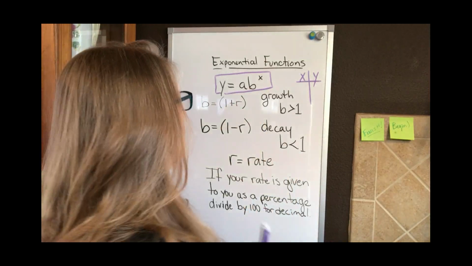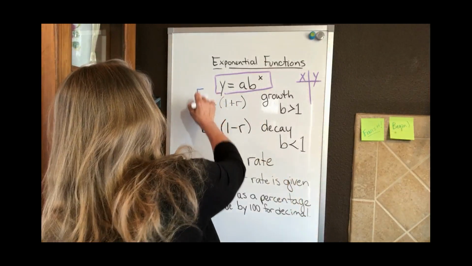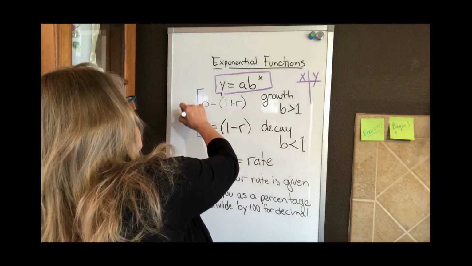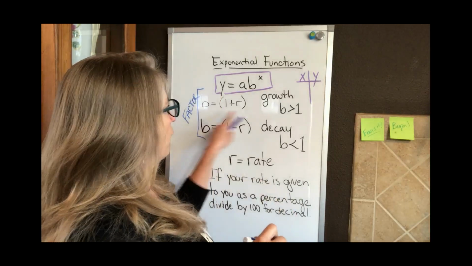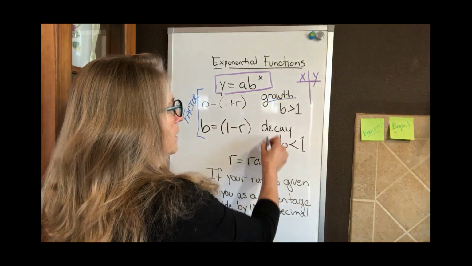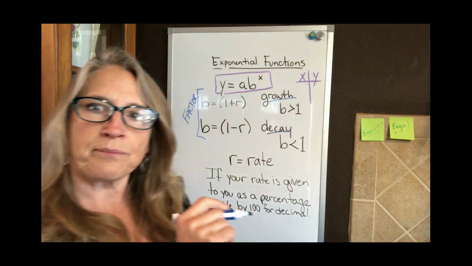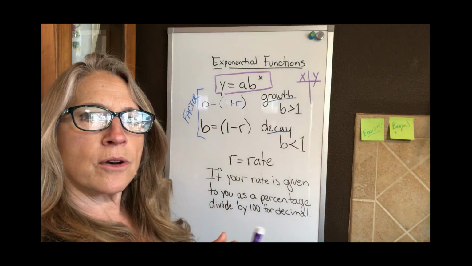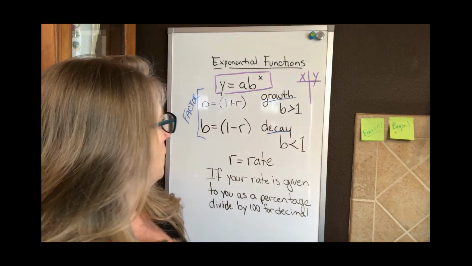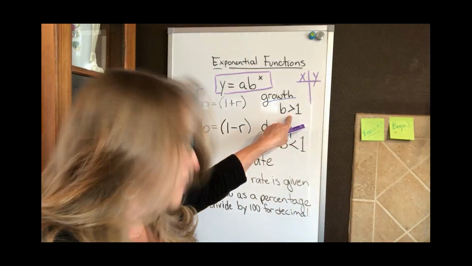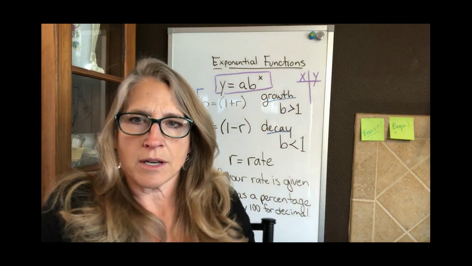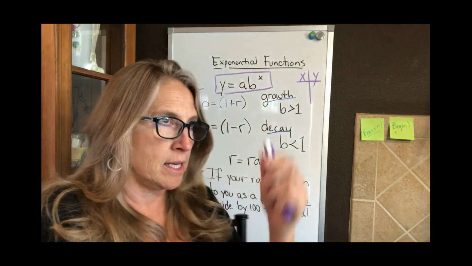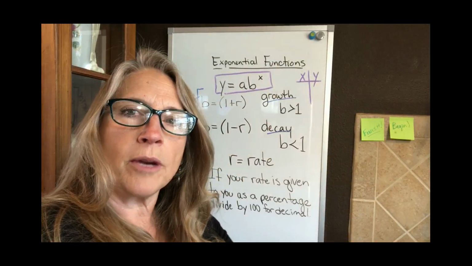B is what we call our factor. So both of these are examples of our factor. It's either a growth factor or a decay factor, okay? You guys see that? So if B is greater than 1, it's a growth factor. So if your money's in the bank, you might be making 3% on your money.